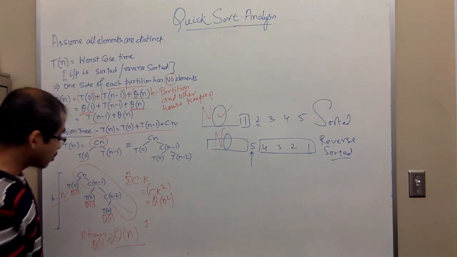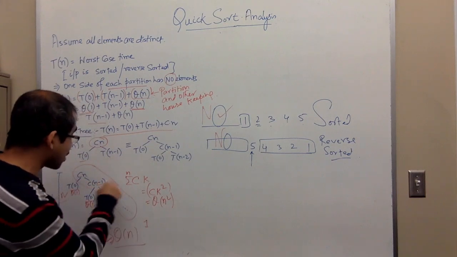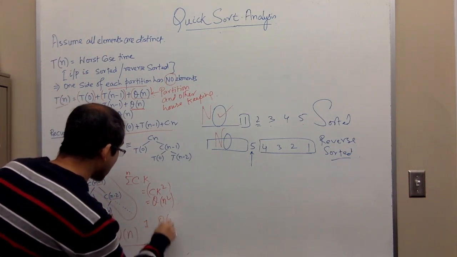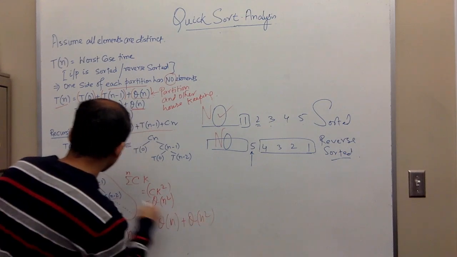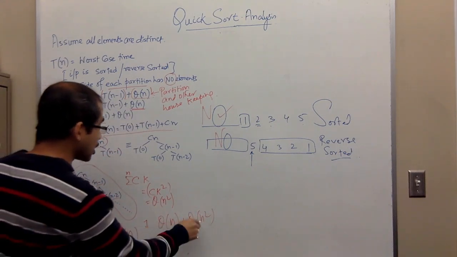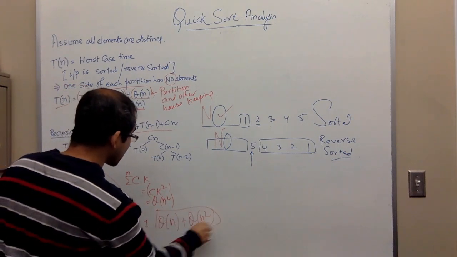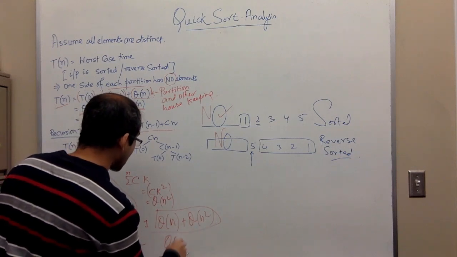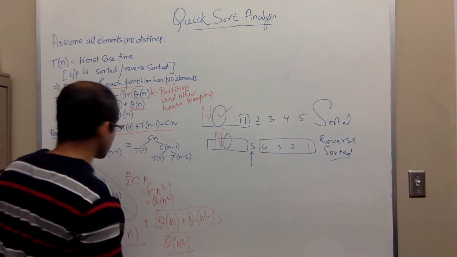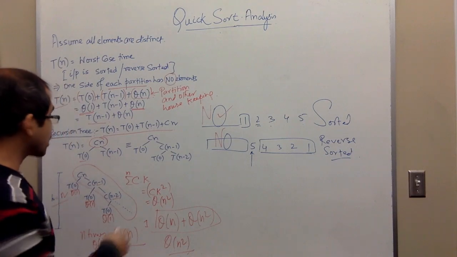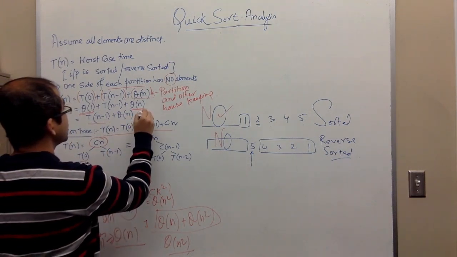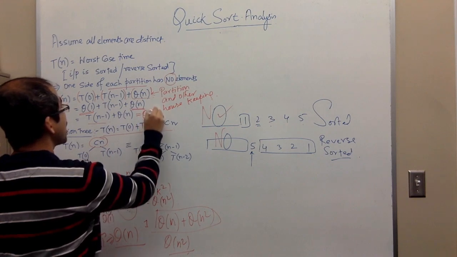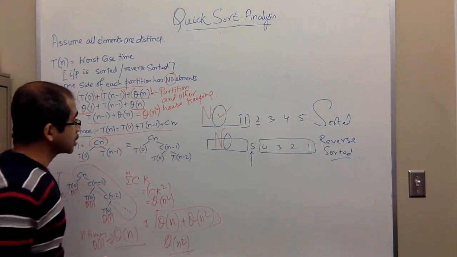Okay, so now this total summation of this tree is theta n plus theta n square. If you sum them up, this becomes theta n square, which is the larger growth rate term. So the total of this tree is actually theta of n square.